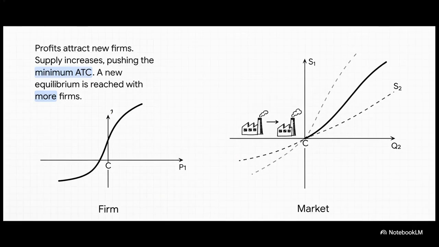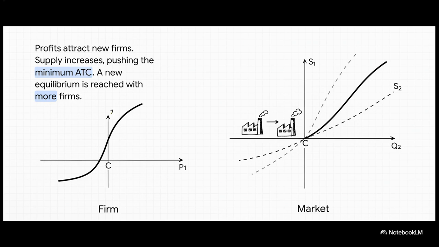But those profits act like a giant flashing neon sign that says, "Opportunity here." Entrepreneurs see this and start opening new dairy farms. As these new firms enter, the market supply curve starts shifting to the right, from S1 to S2. This flood of new supply starts to push the price back down. And this process continues.